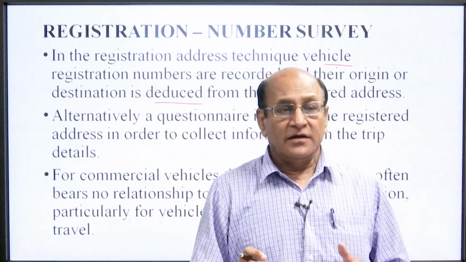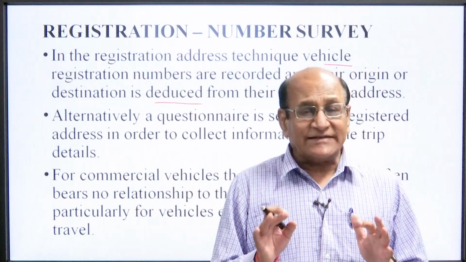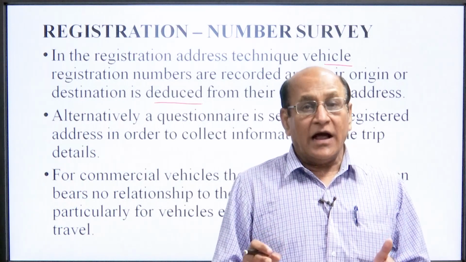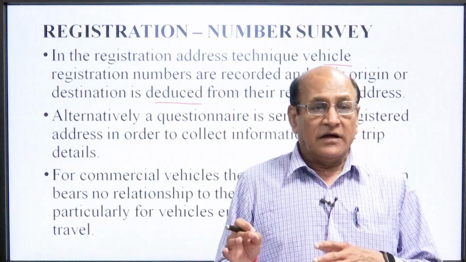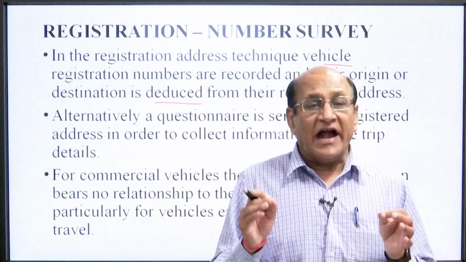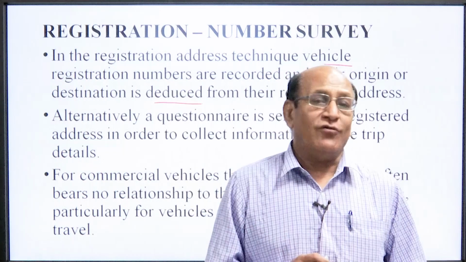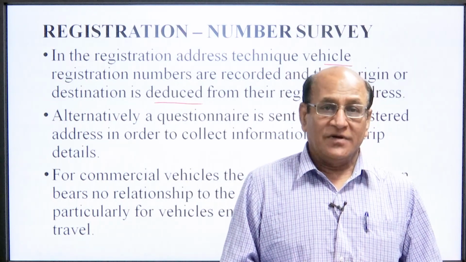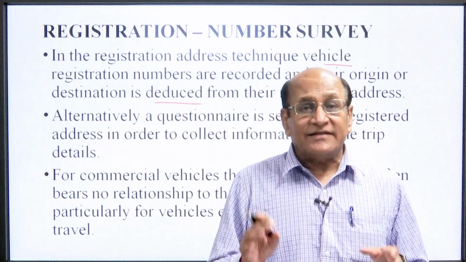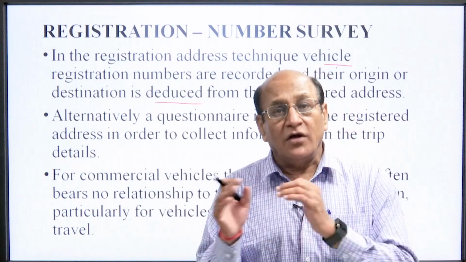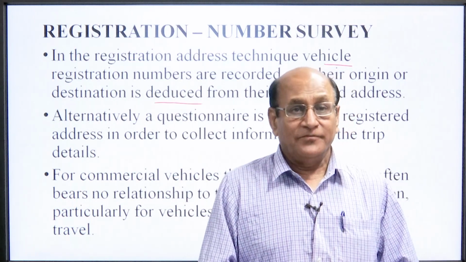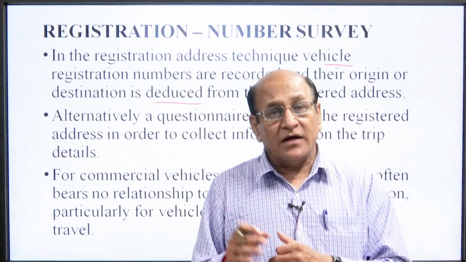This means all vehicles have a unique number that can be recorded, and by means of many tools we can get the address of each vehicle owner. Nowadays we can even get the information of the vehicle owner on a mobile, and that could be deduced.